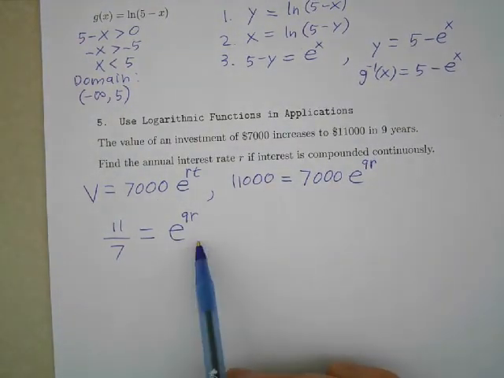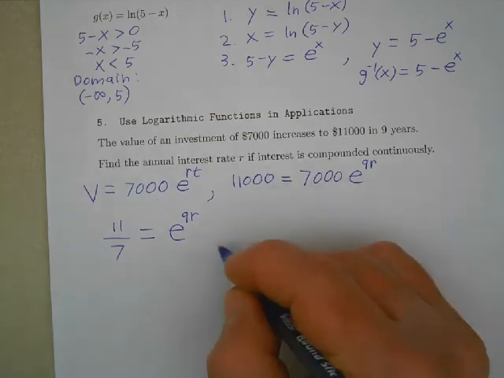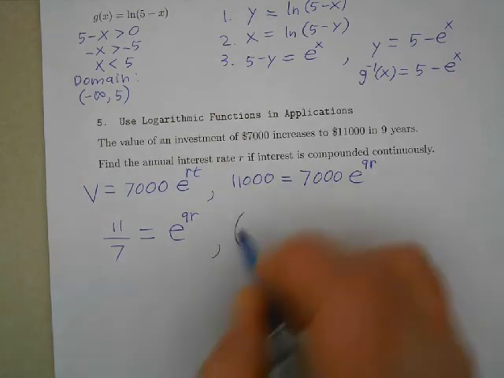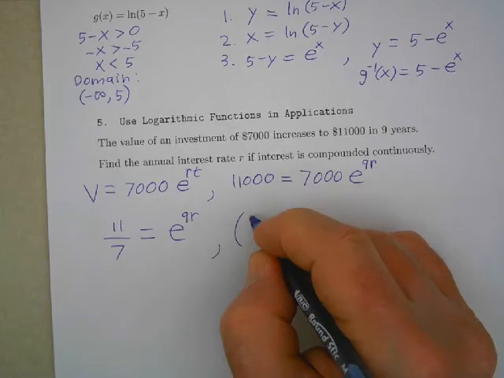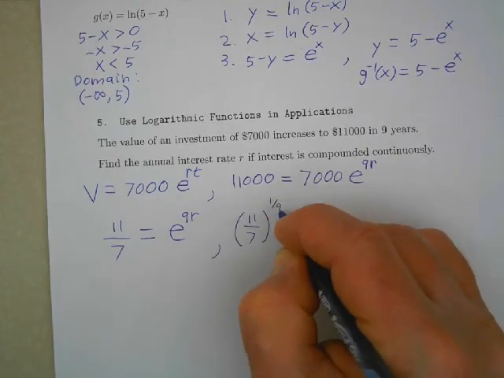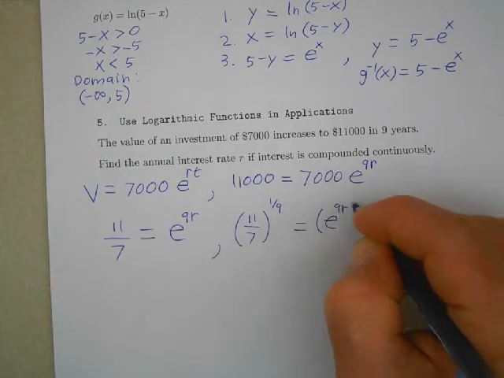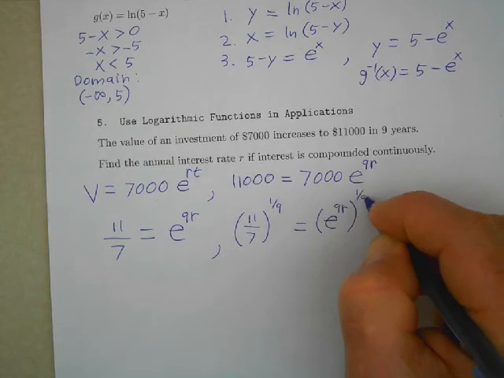And then we can go ahead and raise both sides to the 1/9 power to get rid of the 9. So 11 sevenths to the 1/9 is equal to e to the 9r to the 1/9.